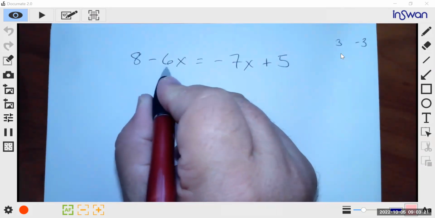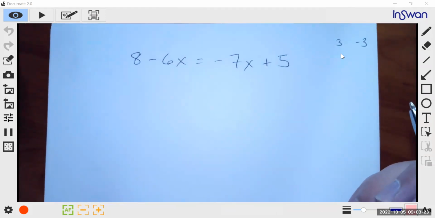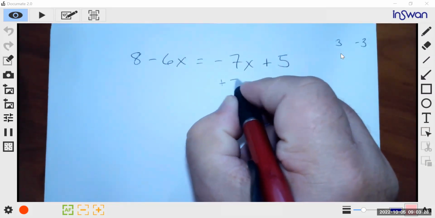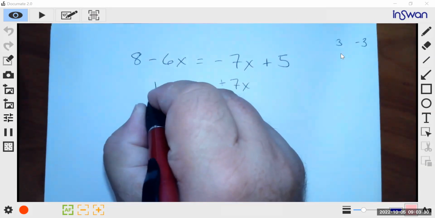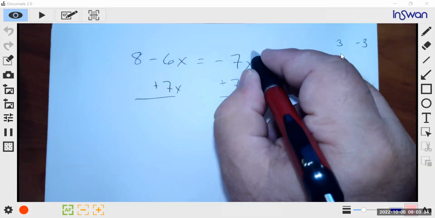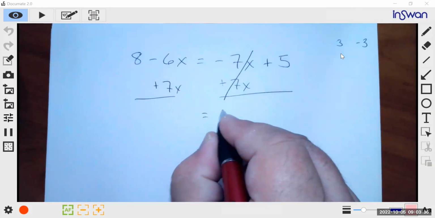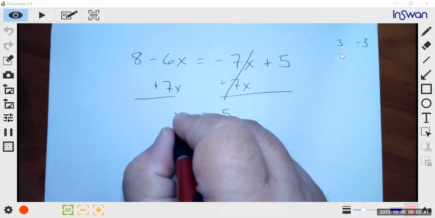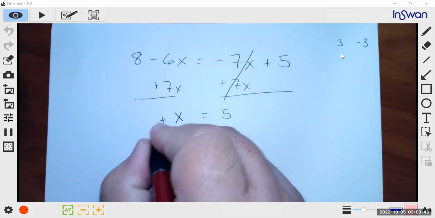Which one's smaller, negative 6 or negative 7? Negative 7 is smaller. So we move that by adding 7x to both sides. Move the smaller x to the larger. So 7 minus 6 is 1. It's positive 1.